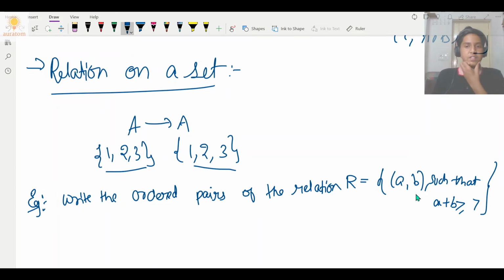So this is the condition that they have given in the question. This is the relation, and we have to do this for the set A = {2, 3, 4, 5}.